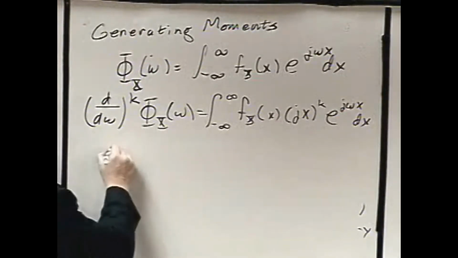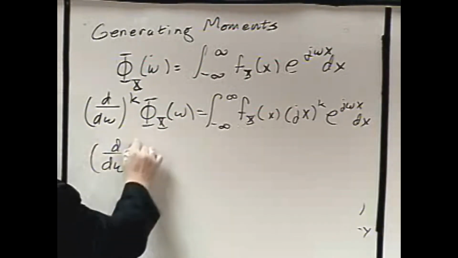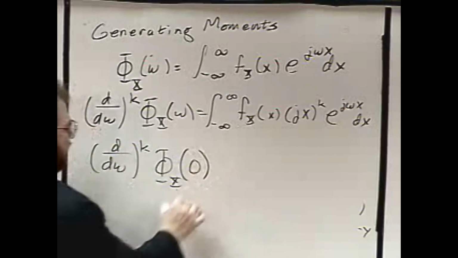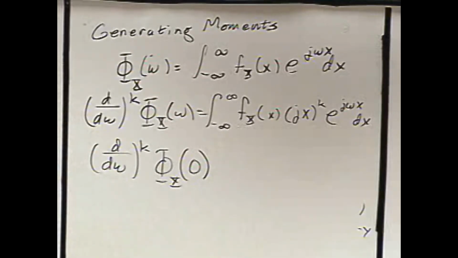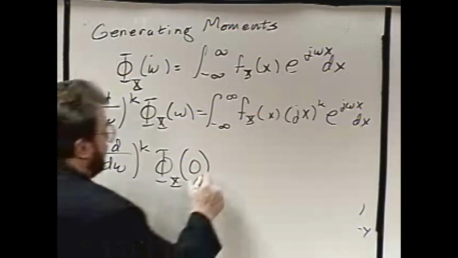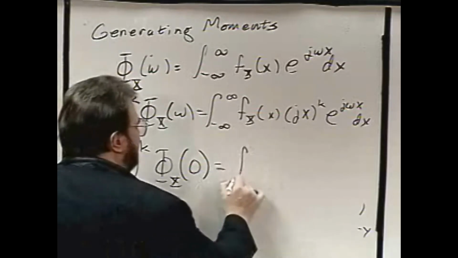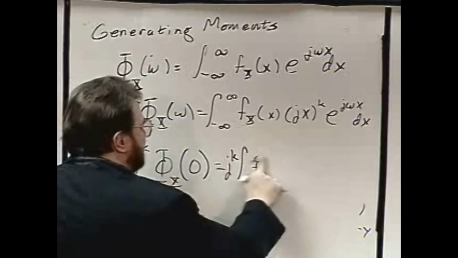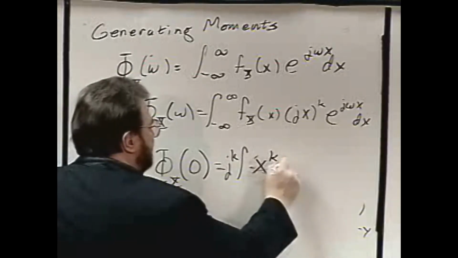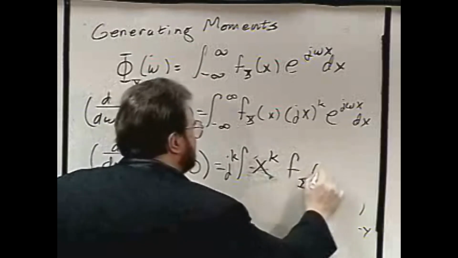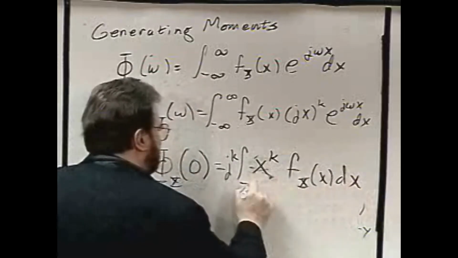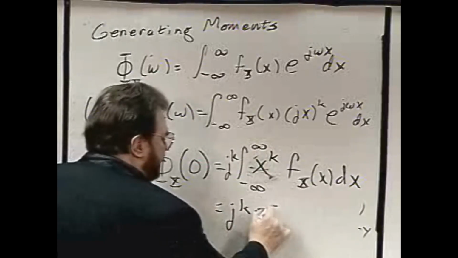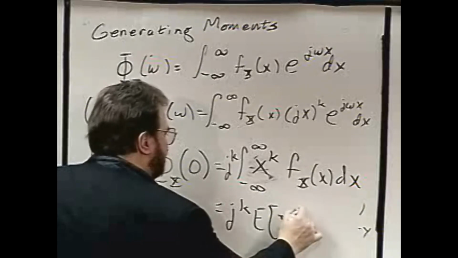So therefore, if we look at the derivative and we evaluate the kth derivative at the origin, so the kth slope, if you will, that turns out to be j to the k times the integral of x to the k times f sub x of x dx, which is recognized as j to the k times the expected value of x to the kth power.